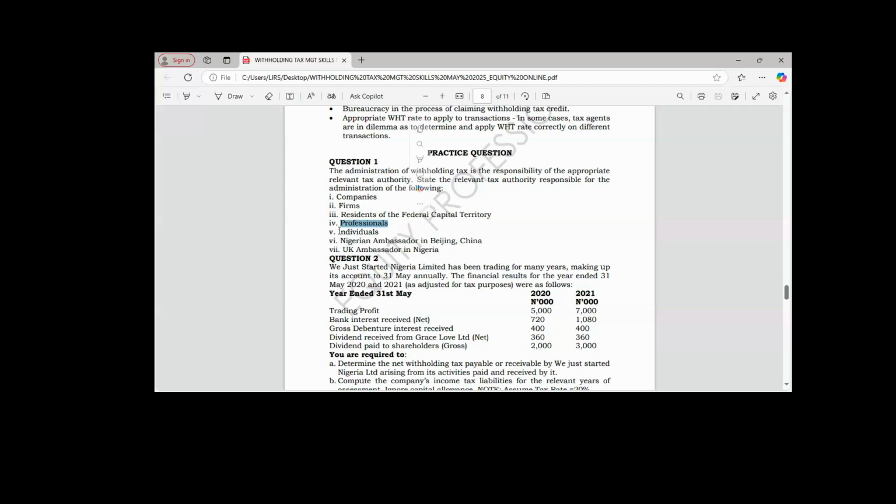Then we have individual. The State Internal Revenue Service. Yes. Then we have the Nigerian ambassador in Beijing, China. Who will be responsible for collecting that?